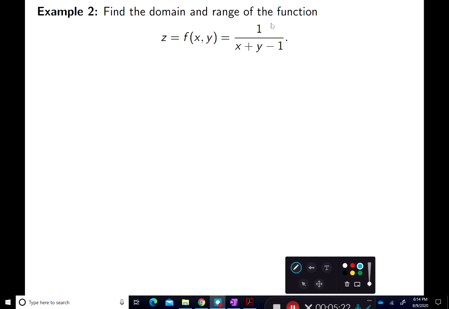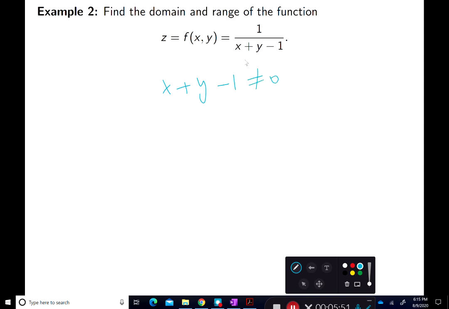The outer function in this case and the previous case were both functions of one variable, and the inner functions were functions of two variables. For the functions of one variable, I know what the domain and range are. For 1 over a variable, the variable in the denominator should not be equal to 0. So I set that not equal to 0.